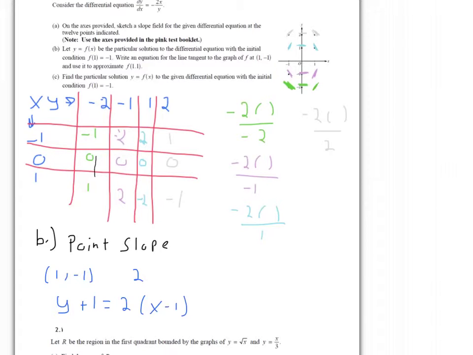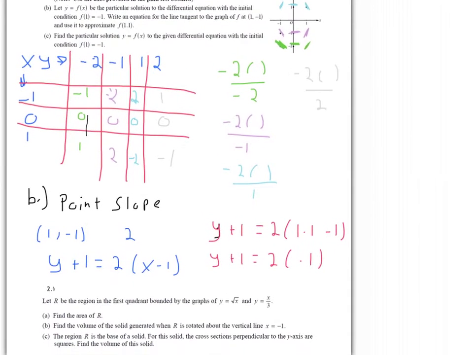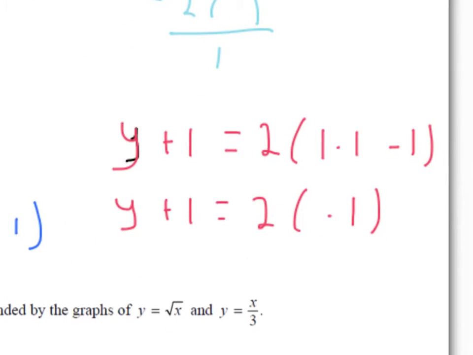We're going to plug in 1.1 for x. So y, let's do red, y plus 1 is equal to 2 times 1.1 minus 1, which is 0.1. So y plus 1 is equal to 2 times 0.1.